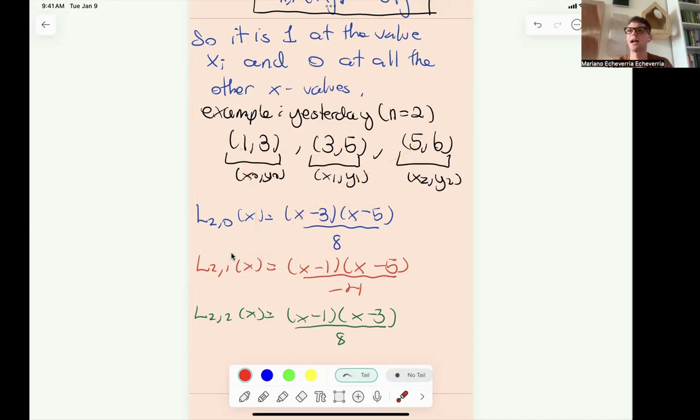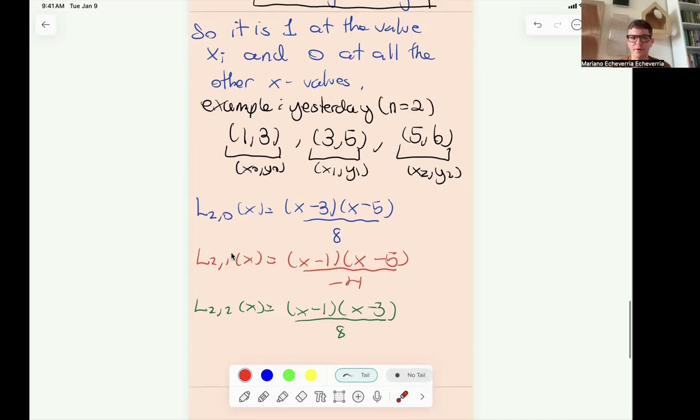So it's like a switch: it turns on at the value xi and it's turned off at any other value. They're like activation polynomials, if you want to think about it this way.